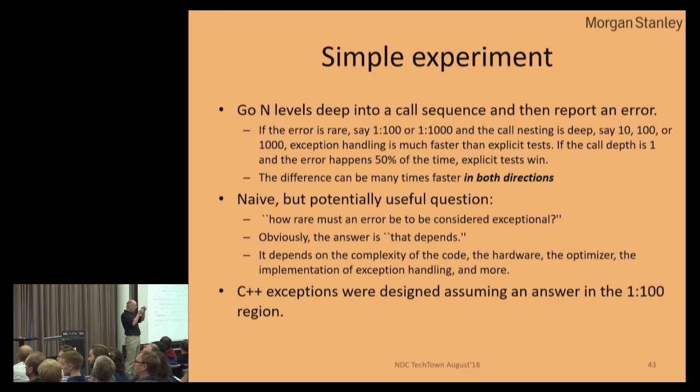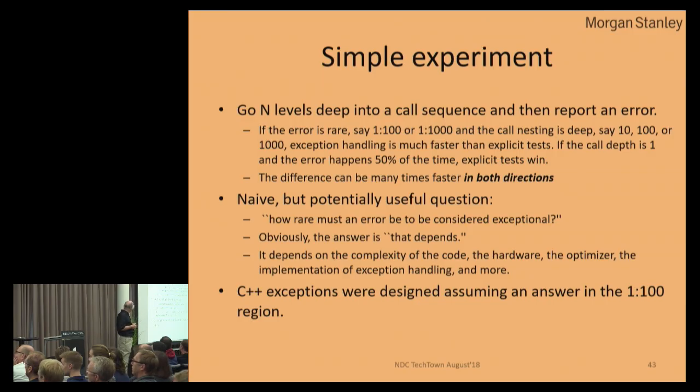I mean, if it's only level 1. Error codes tend to win big factors, not little percents. If you go down 1,000 calls and the error happens infrequently, like 1 in 100, exceptions win hands down for performance.